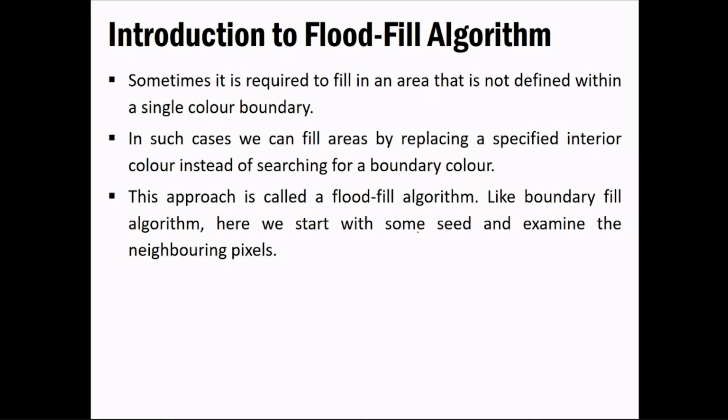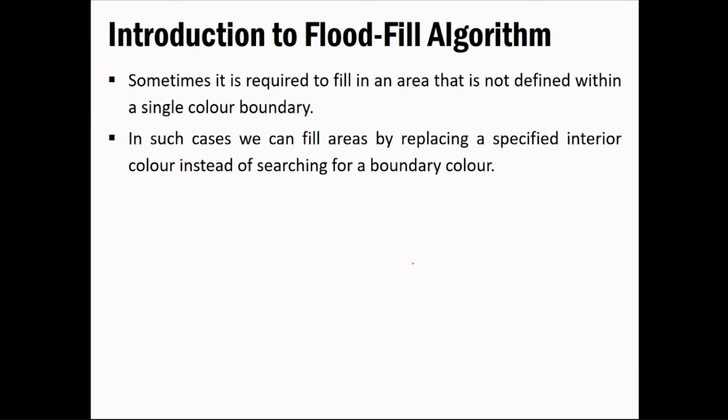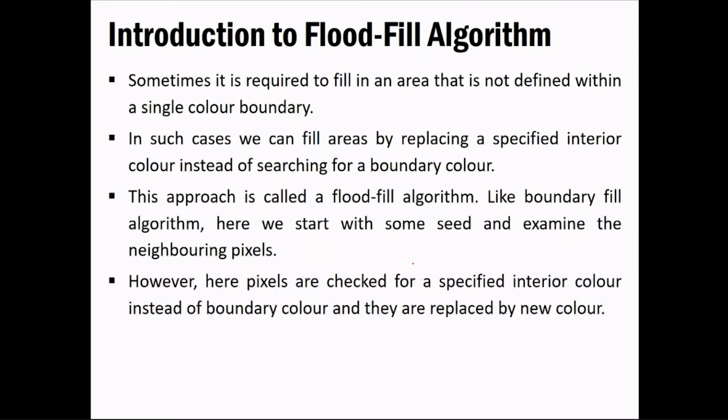So like the boundary fill algorithm, here we start with some seed and examine the neighbor pixels. But instead of checking the boundary, the pixels are checked for a specified interior color, and they are replaced by a new color. Suppose I give you one example: you have one polygon filled with light gray or white color.